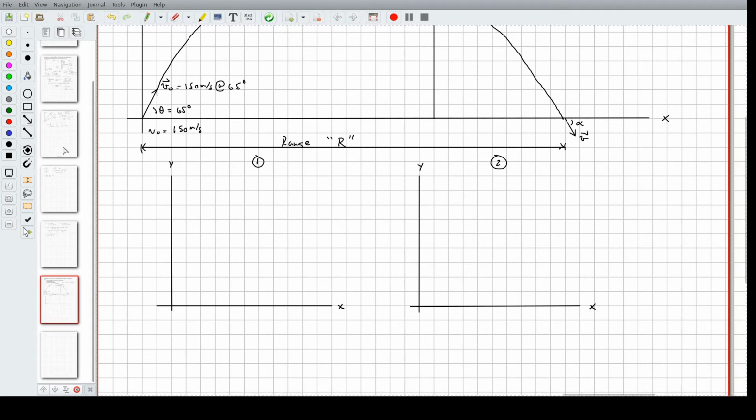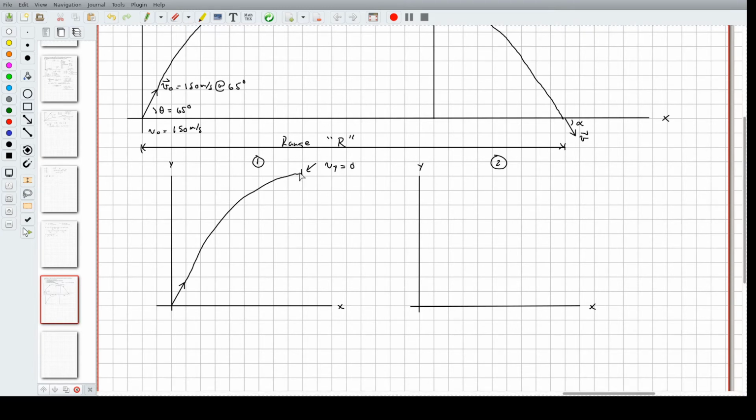So the first part has us launching up into the air with your initial velocity that we're given, like that. And it goes up into the air and then hits your peak right here. So at this point, we know Vy is equal to 0.